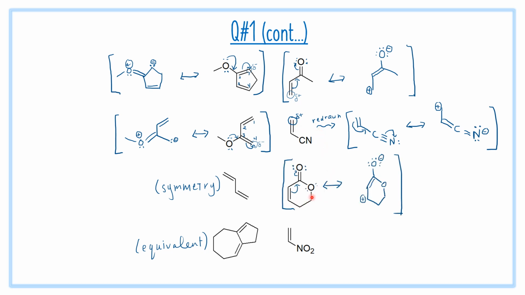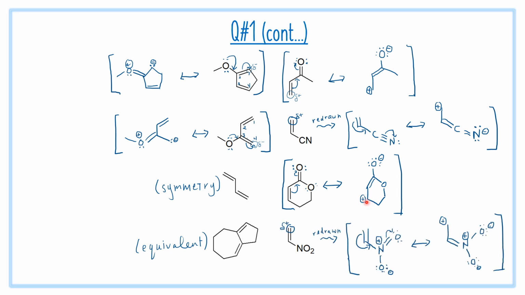Our next dienophile, same pattern as before, so I won't go into detail about it, but here this carbon is going to be the one with the least electron density because it bears a positive charge over here. Same thing over here.